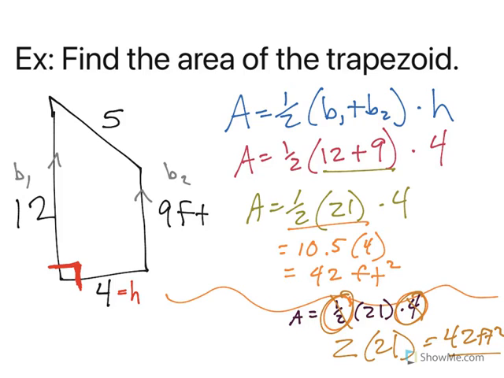You get the same thing, but you don't have to deal with decimals. So when you get down to the step where you have 3 pieces multiplied together, if one of the 2 whole numbers is even, then you can simply divide it by 2, because that's the same as multiplying by 1/2. And that's it for trapezoids.